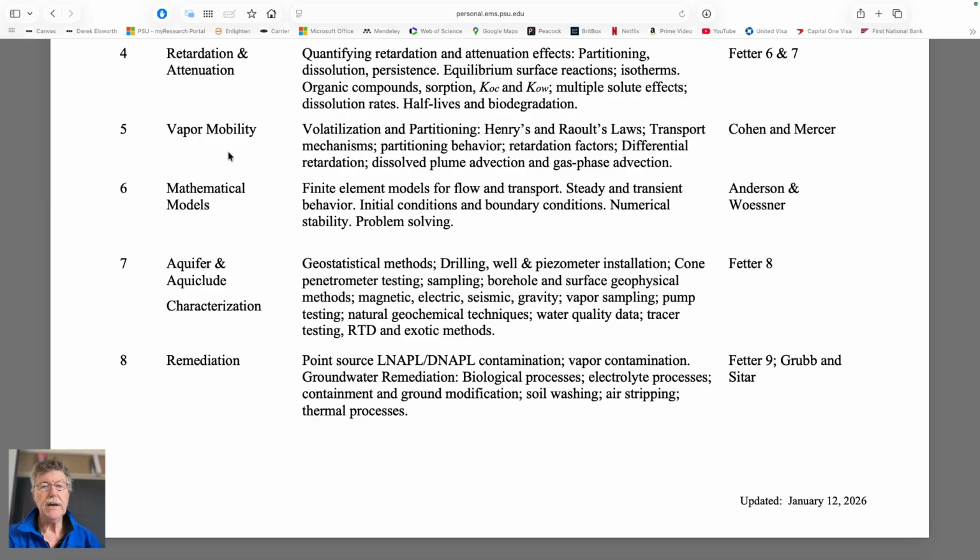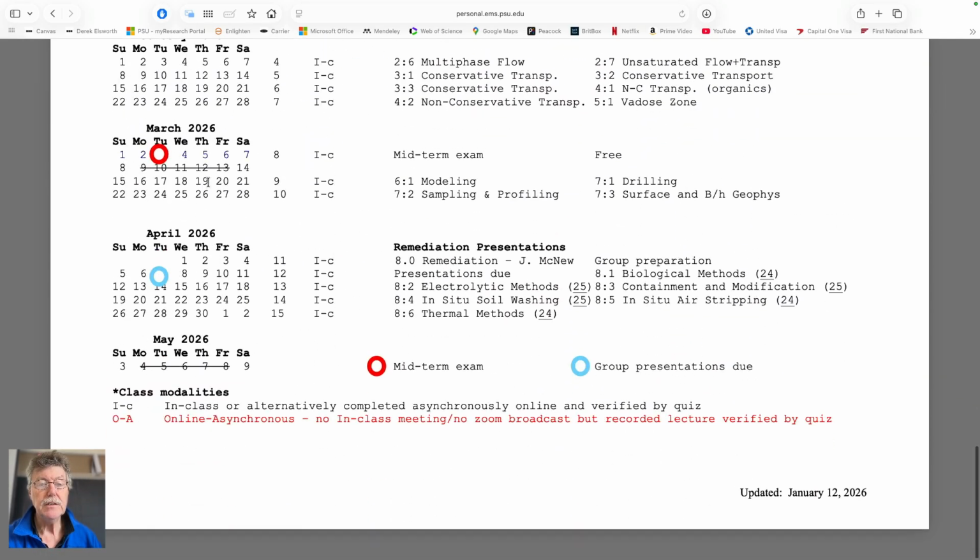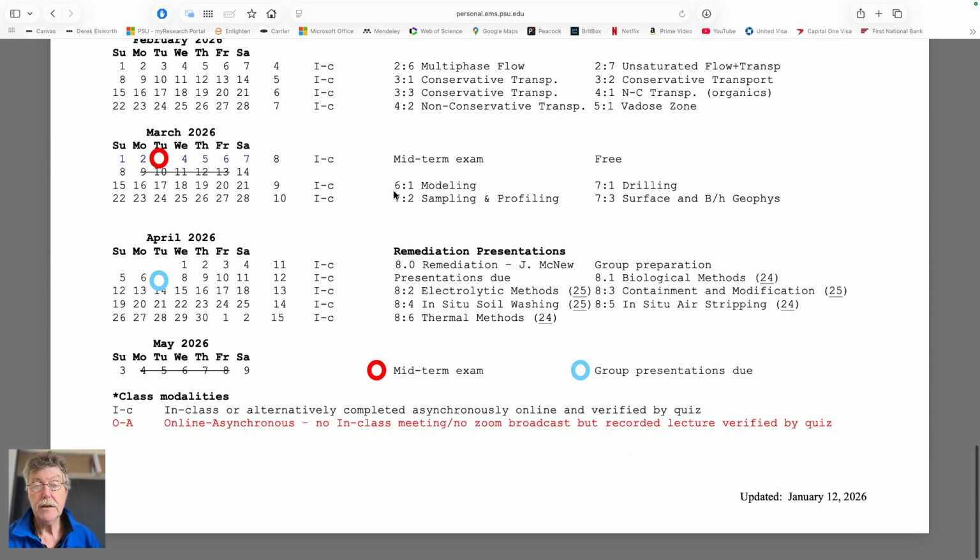We've covered all kind of the transport processes that we needed to. So the last couple of things we need to deal with are here, 6.1, where we are today, and also how you convert standing in a field into something that looks like these assignments that has a stratigraphy and a distribution of contaminants in the subsurface, or where the plume looks like the Borden results that we looked at.